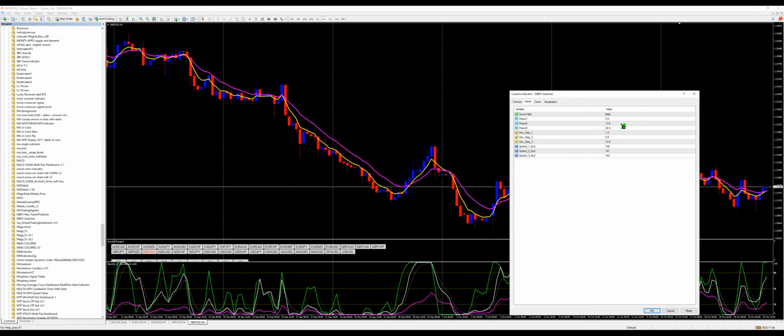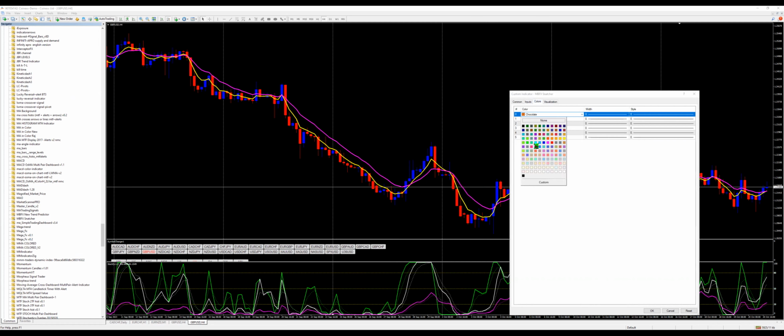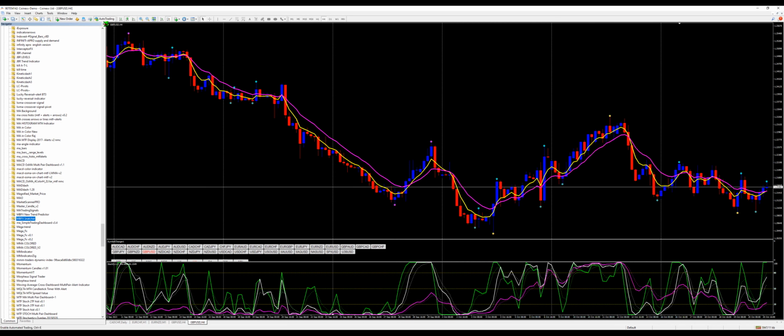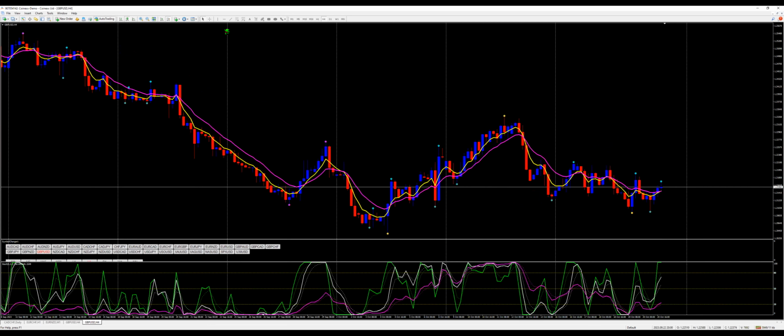And the inputs are the three, short, medium, long-term swings. And these are the colors. What I usually change the colors. Let's just change it for posterity's sake here. Put it on. So it's called.